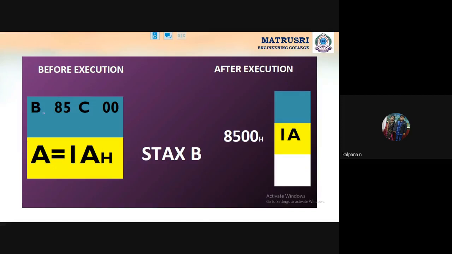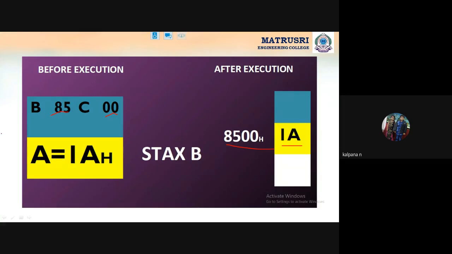This one will represent the memory location. At this memory location we are moving the data which is present in the accumulator.